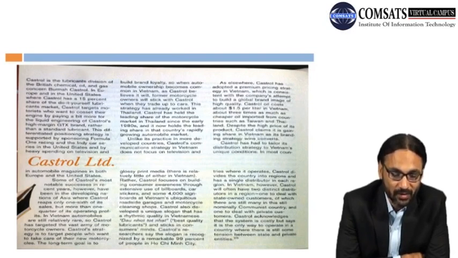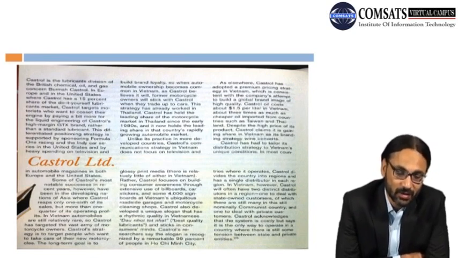In Europe and in the United States, where Castrol has a 15% share of the do-it-yourself lubricant markets, Castrol targets motorists who want to cosset their engine by paying a bit more for the liquid engineering of Castrol's high-margin brand rather than a standard lubricant. This differentiated positioning strategy is supported by sponsoring Formula One racing and the IndyCar series in the United States, and by spending on television and in automobile magazines in both Europe and the United States.